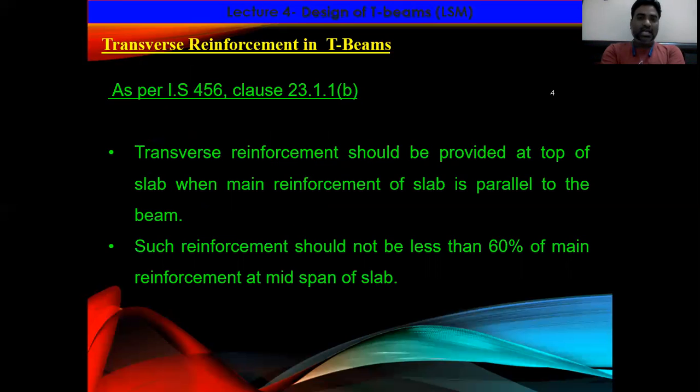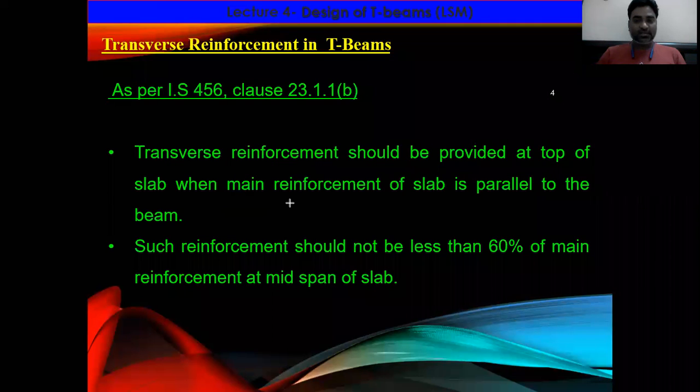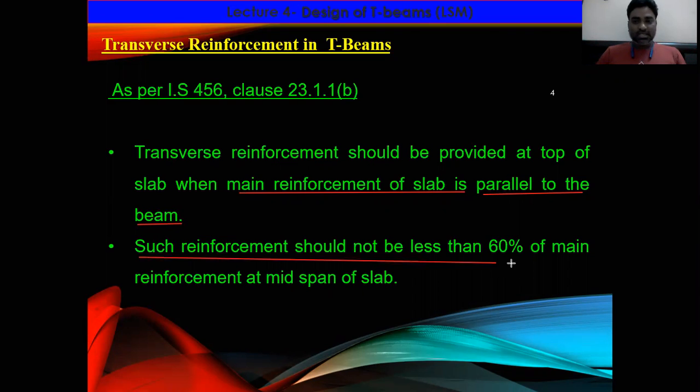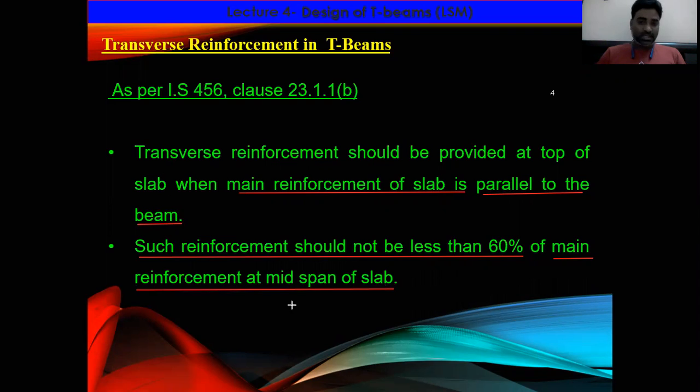As per this clause, the transverse reinforcement should be provided at the top of the slab when the main reinforcement of the slab is parallel to the beam. Then such reinforcement should not be less than 60% of the main reinforcement at the mid span of the slab. This is very, very important.